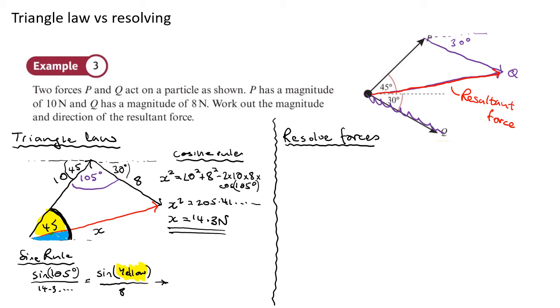Right, so if I do sine 105 divided by my previous answer, times that by 8, then do the sine inverse of that, I'll get 32.63. So the angle is 32.63.